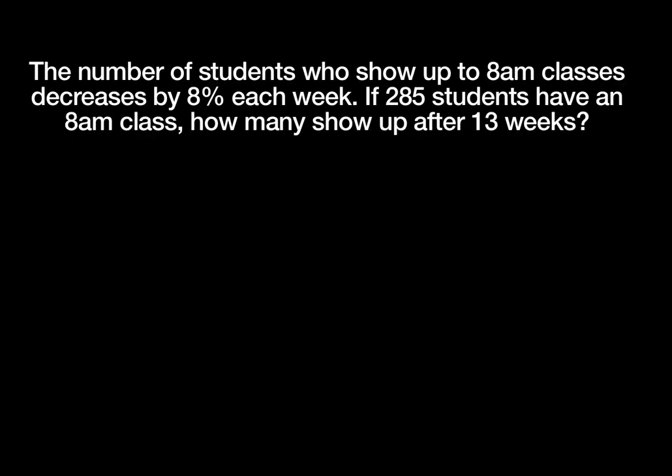And then, number of students who show up at class at 8 a.m., oh, look at that, decreases by 8% each week. So then it's remembering this is an exponential function, which was in the format of this, amount equals principal times 1 plus r to the n. My rate is it decreases by 8%.